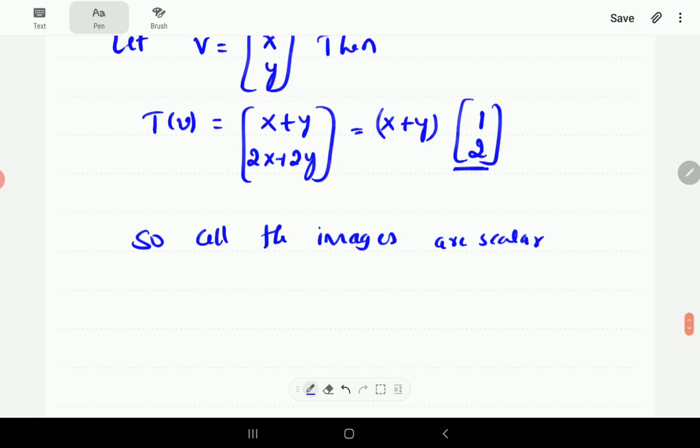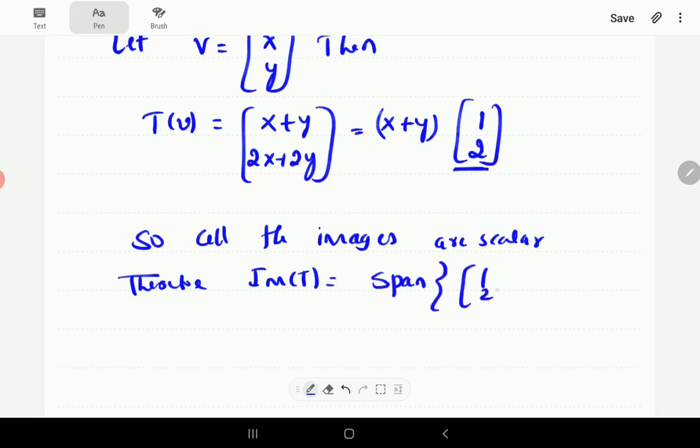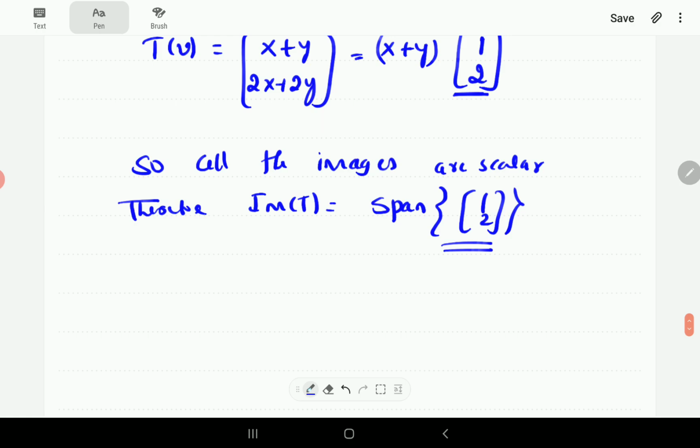Sorry, all the images are scalar multiples of (1, 2). Therefore the image of T will be the span of this vector. So all the vectors which are scalar multiples of the vector (1, 2) will be the image of T.